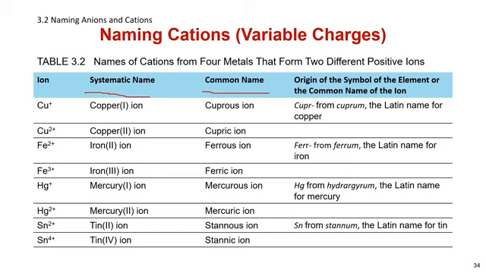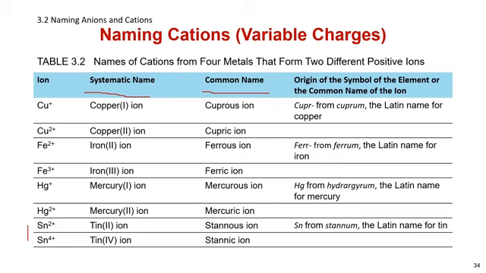Now you have to remember this. Some examples. These are transition metals except tin. Tin is a main group element, group 4A, same as carbon. Only tin uses it because it has 2 charge cations. It behaves like a transition metal.